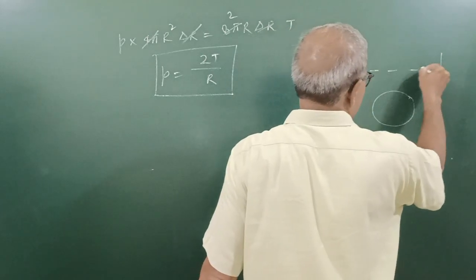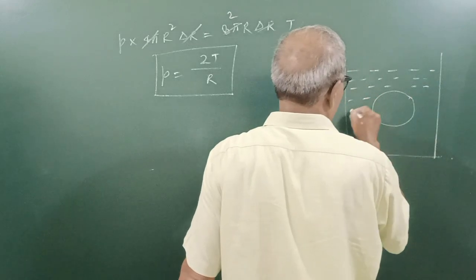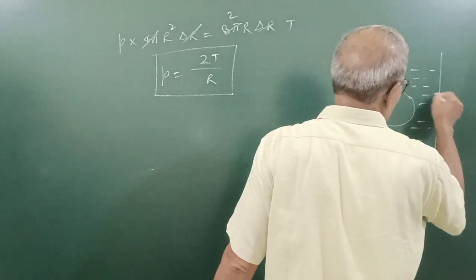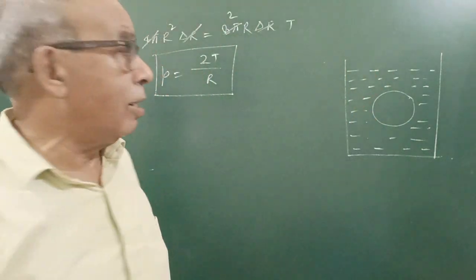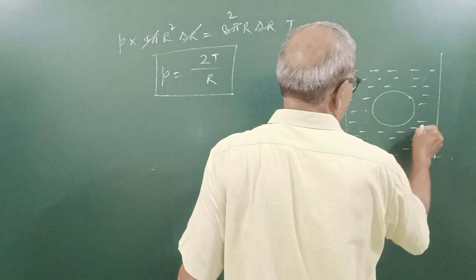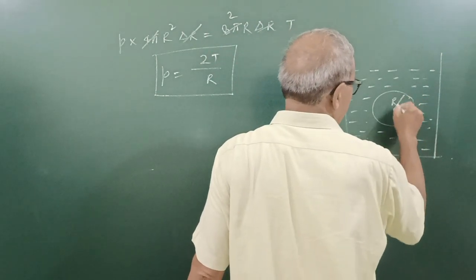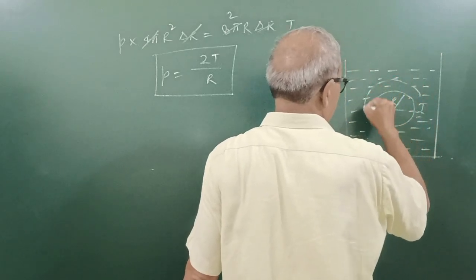You might have seen soap bubbles in soap solution when we wash clothes. Air bubbles form in the soap solution, they expand and then they break. Why? Because of this pressure difference. Here this radius R becomes R plus delta R.